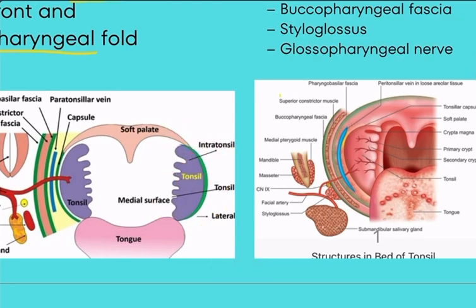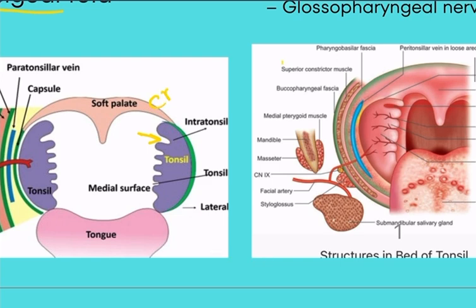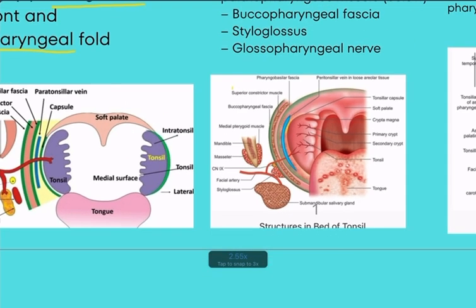The largest one of them is called the crypta magna. The importance of these crypts is that they contain a specialized type of lymphocyte and they play a role in the immunological function of the tonsil.